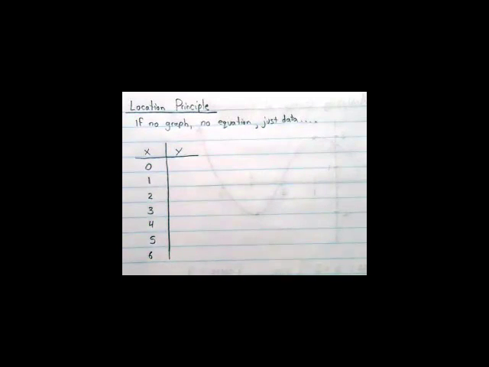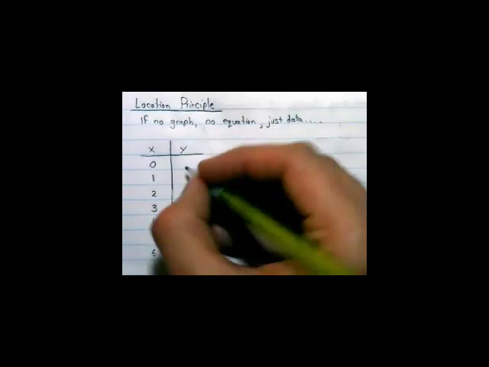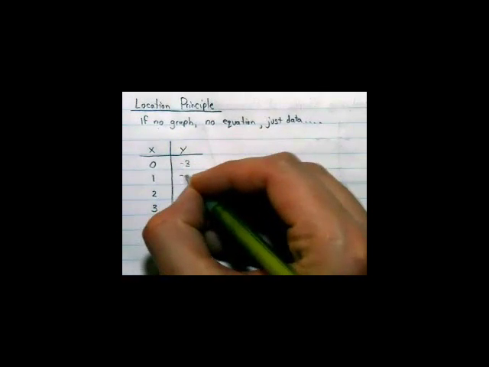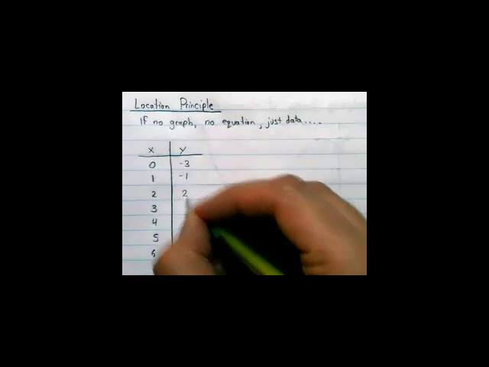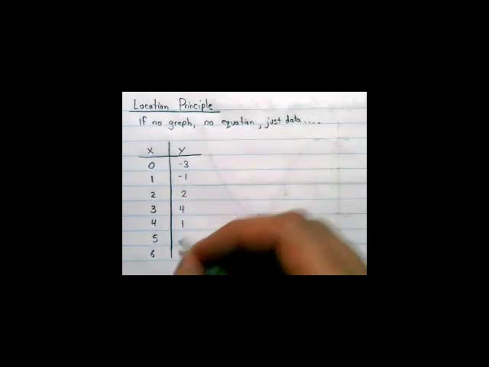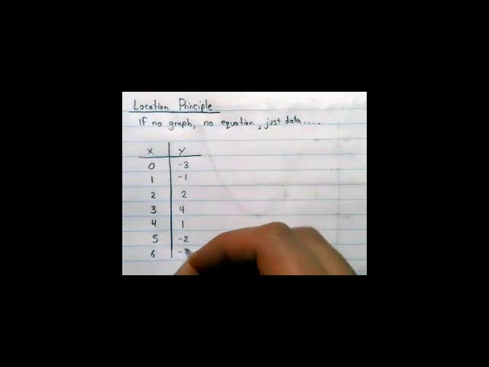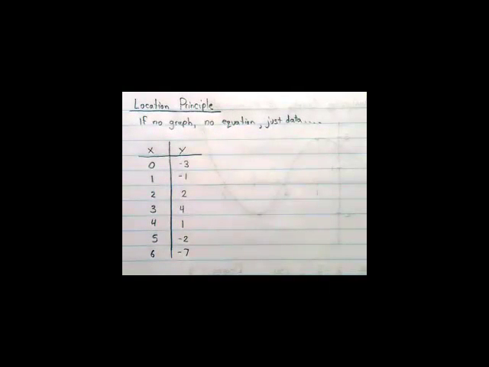Let's say my y values go -3, -1, 2, 4, 1, -2, -7. Some function that these points are all sitting on. It's some mystery function. I don't know what it is.